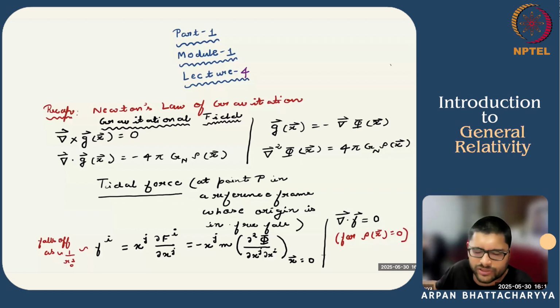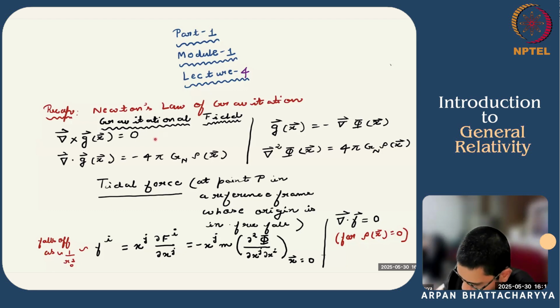And just like in electrostatics, we know that if you specify the curl and divergence of the vector field and give the appropriate boundary condition, then we can solve for this vector field uniquely, and that's it.